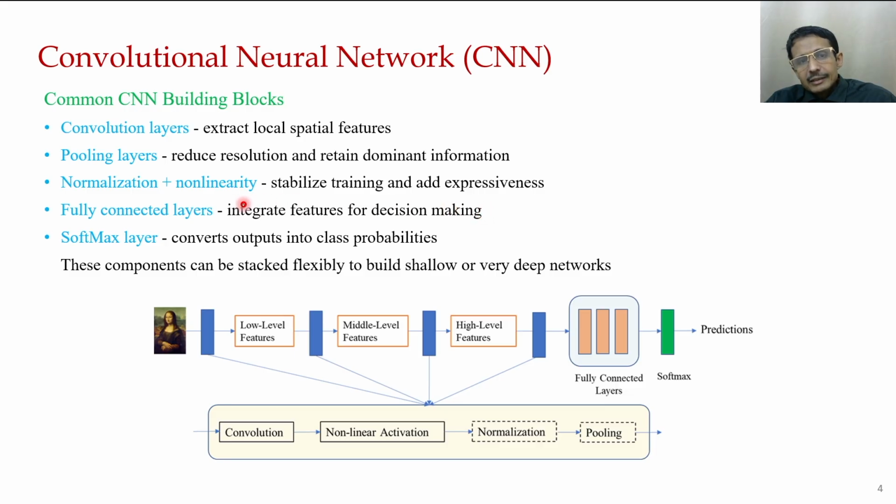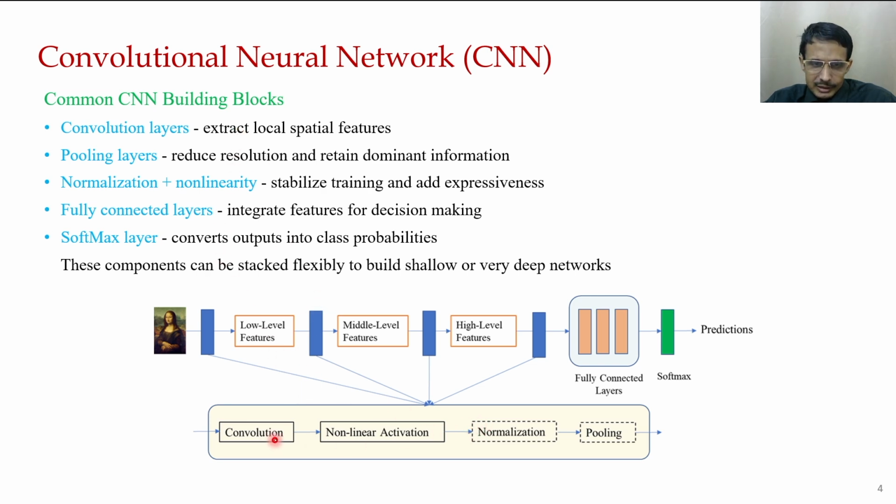This is not strictly a split of feature extractor and classifier, but some kind of decision making, as a classification. And finally we use a softmax layer that converts the output to class probabilities. So this is the general structure.